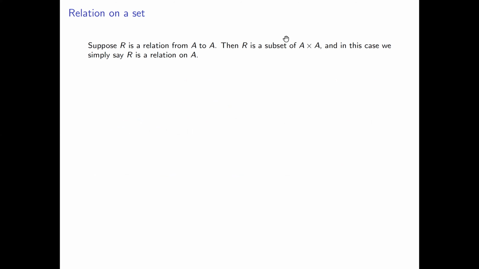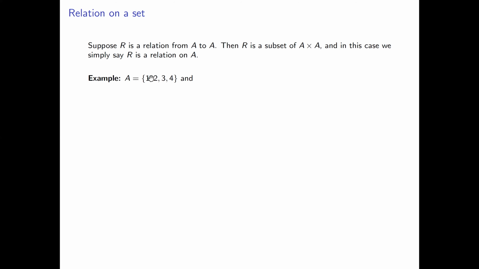If I go back to the definition from before, a relation will just be some subset of A cross A, or some collection of tuples containing elements from A. And in this case, we simply say that R is a relation on A. It's sort of redundant to use A twice, so we just say R is a relation on A.